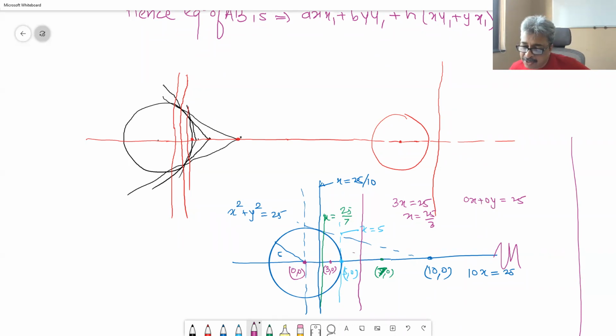And now let us take the point away. If I take the point (20, 0), you get x is equal to 25 upon 20. So you go closer to the circle.